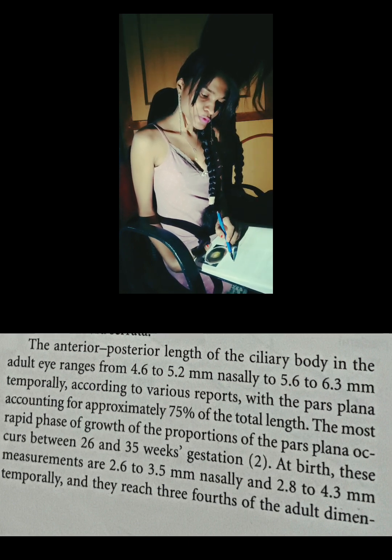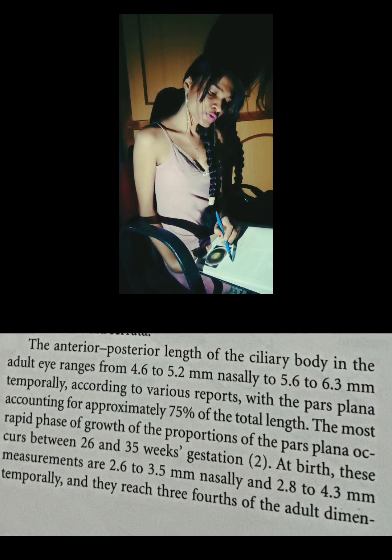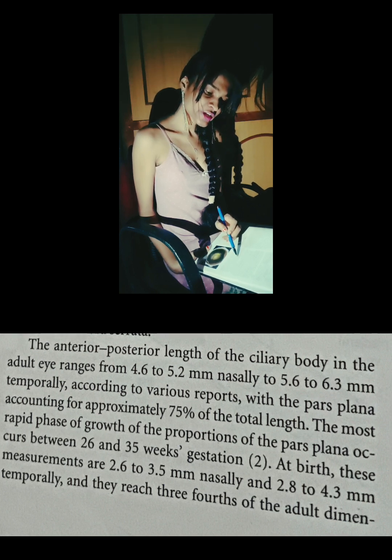The anterior-posterior length of the ciliary body in the adult eye ranges from 4.6 to 5.2 mm nasally to 5.6 to 6.3 mm temporally, according to various reports, with the pars plana accounting for approximately 75% of the total length.